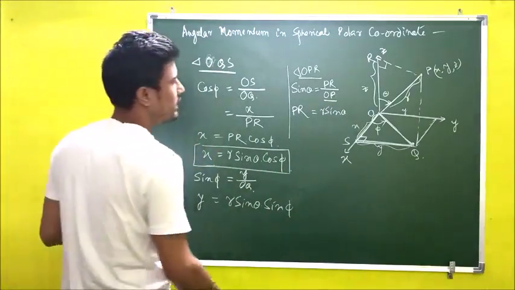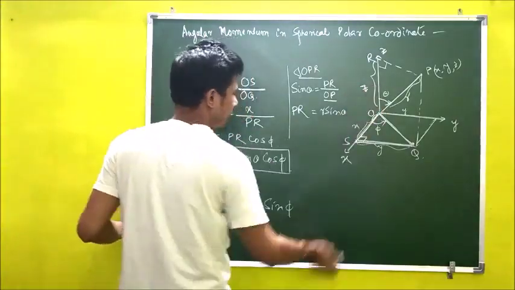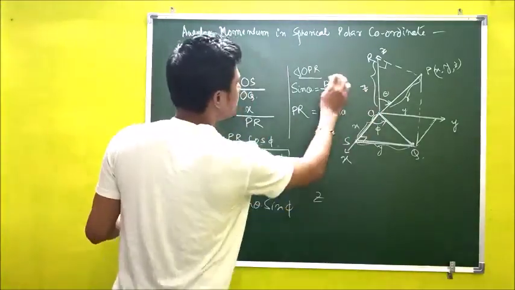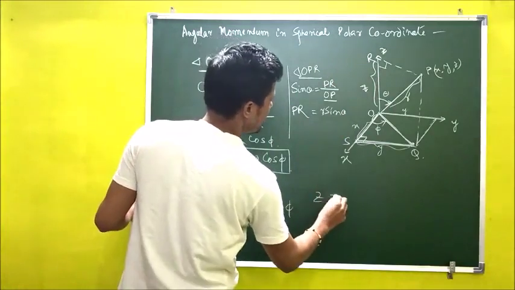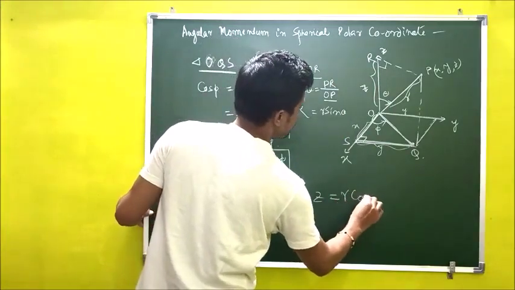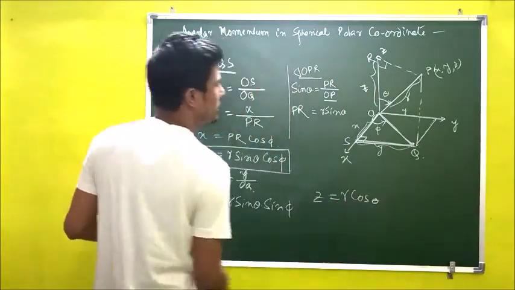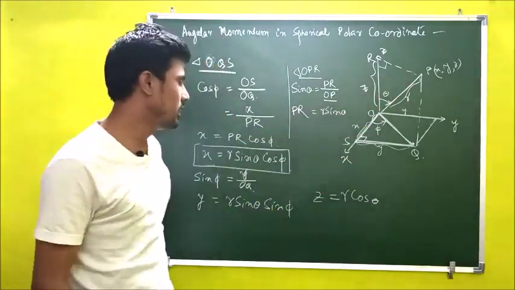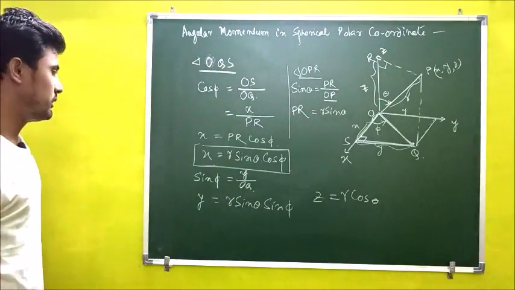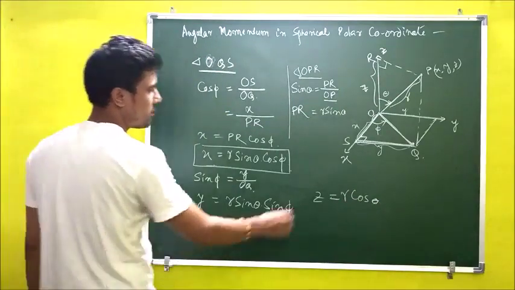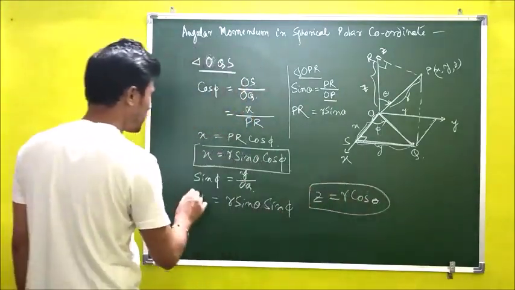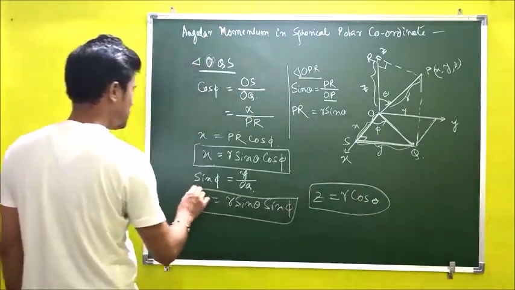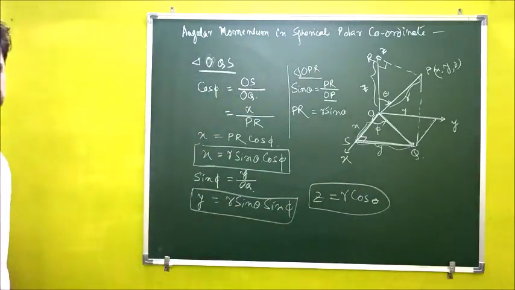For z, this is the z-axis. From this triangle OQR, you can write z equals r cos theta. Consider cos theta: it is z divided by r. So these are the polar coordinates for a point x, y, z.